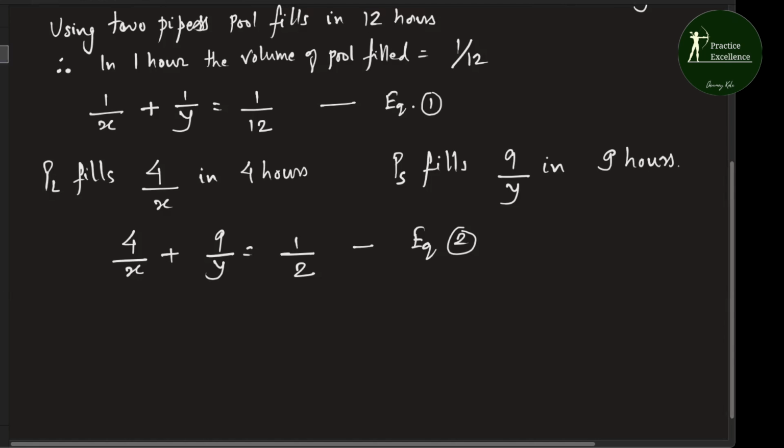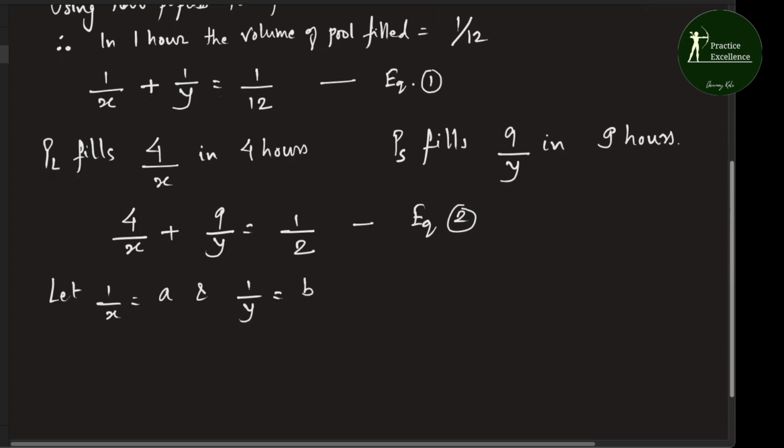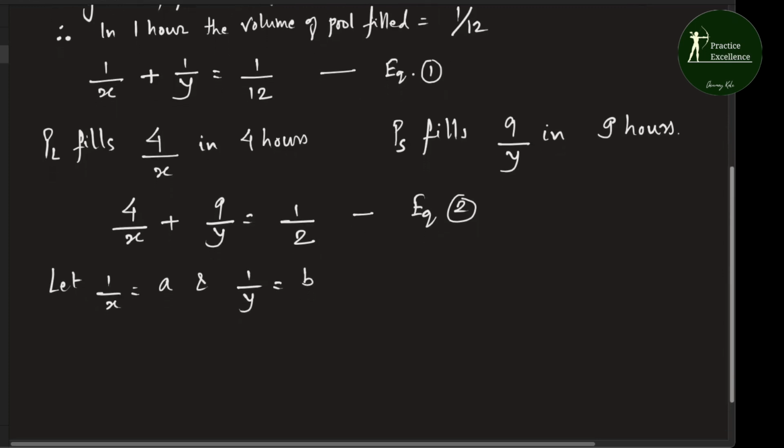let us try to solve this problem. So I'll say let 1 upon x equals a and 1 upon y equals b. Let us assume two variables like this, a and b. So equation 1 can be written as 1 upon x is a, 1 upon y is b, right?